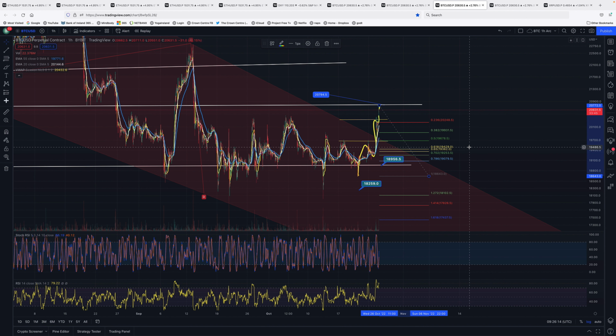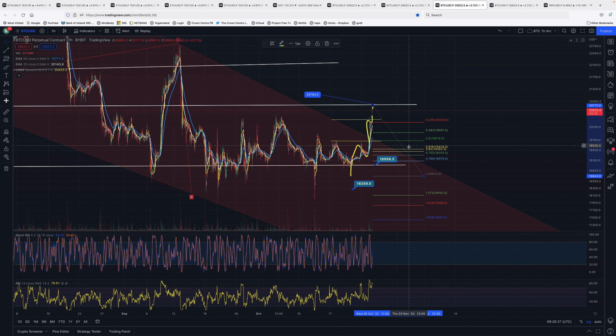Now, compared to XRP, Bitcoin and Ethereum are in completely different spaces, because XRP is already at the top of its pump, and Bitcoin and Ethereum are just having another go at another rally. So XRP is one rally behind Ethereum and Bitcoin in this lift.